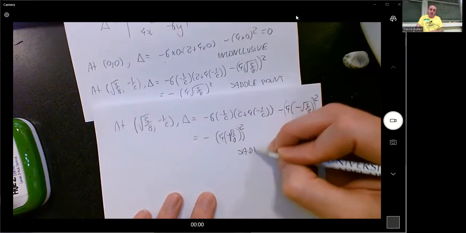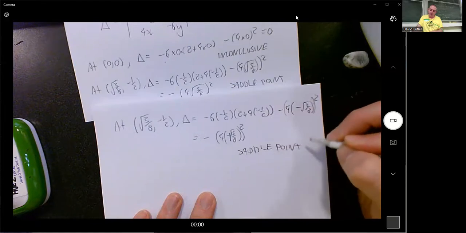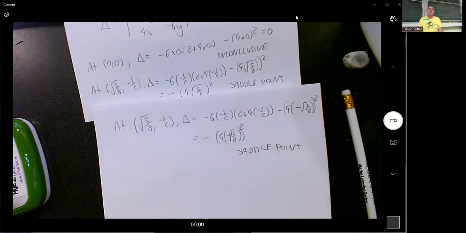A saddle point again, because that's definitely a negative number. We've squared something which makes it positive and then put a minus. So unfortunately, my example didn't produce a maximum. Sorry.